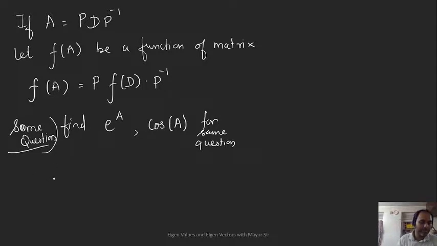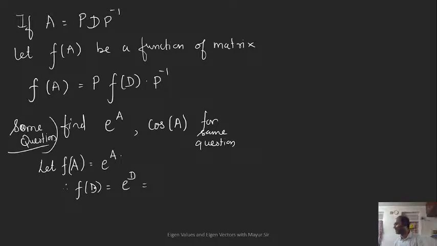So what you do is, we write, let f of A equal e to the power A. Therefore f of D is e to the power D. Now what is e to the power D? We cannot find e to the power A directly, but e to the power D can be found directly. That is, you just have to raise e to the eigenvalues. So it is e raised to 1 and this is e square.